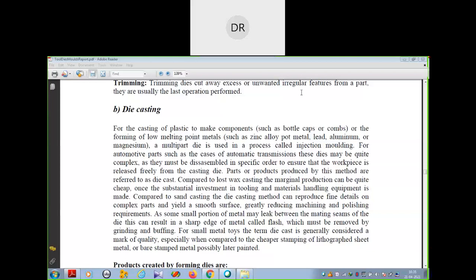After sand casting, much of the material goes for machining operations, but in die casting machining is not required. That is why it is said to greatly reduce machining and polishing requirements. Minimum machining and polishing is needed when you prepare a product using the die casting process.